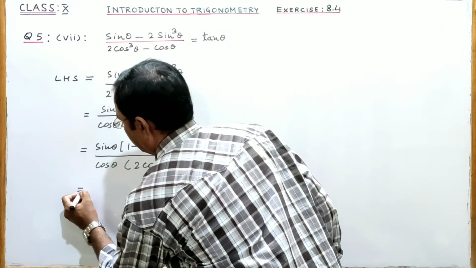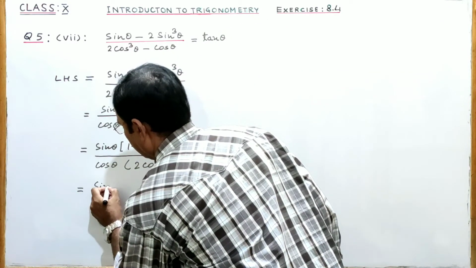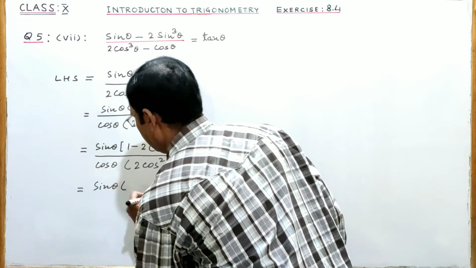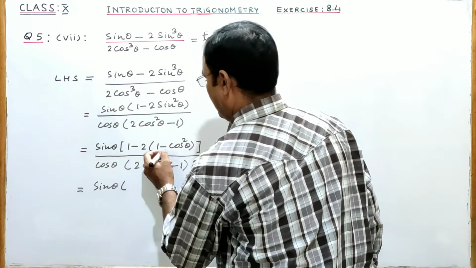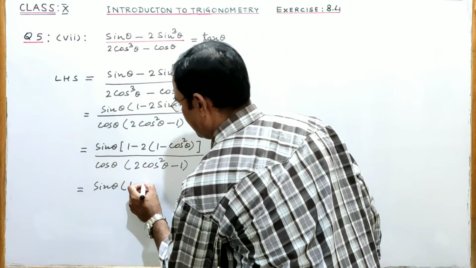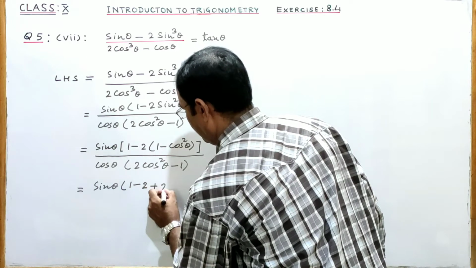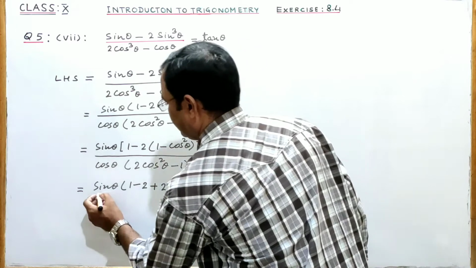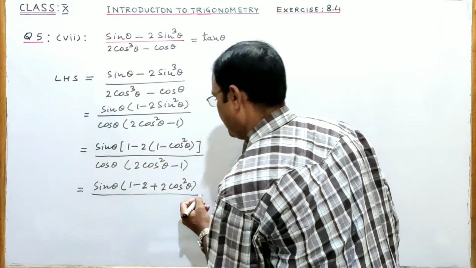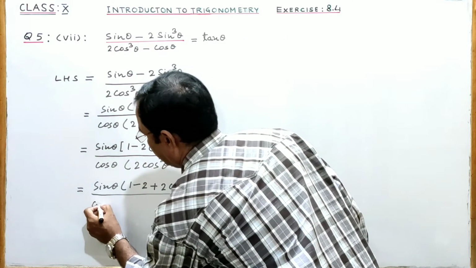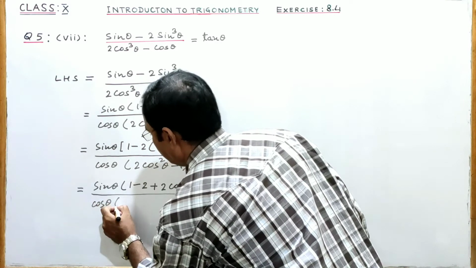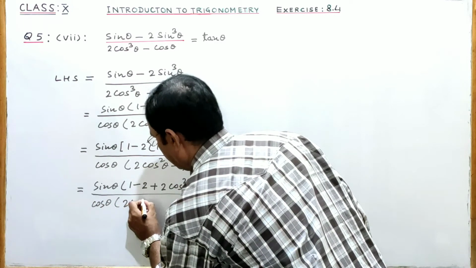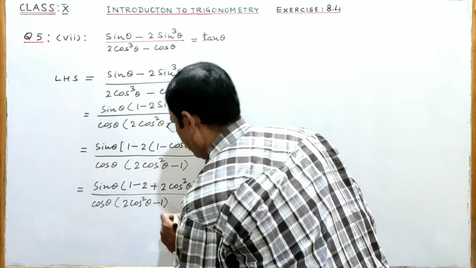and this is equal to sin theta into 1 minus 2 plus 2 cos square theta divided by cos theta into 2 cos square theta minus 1.